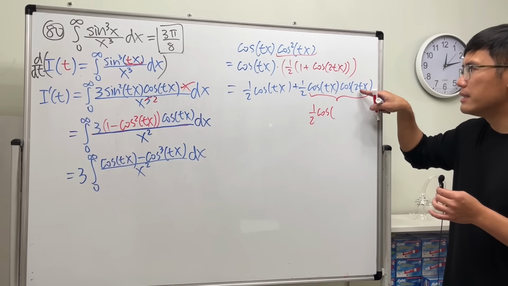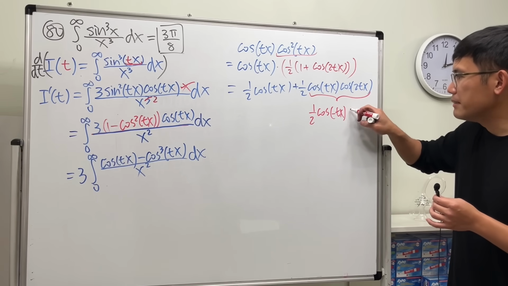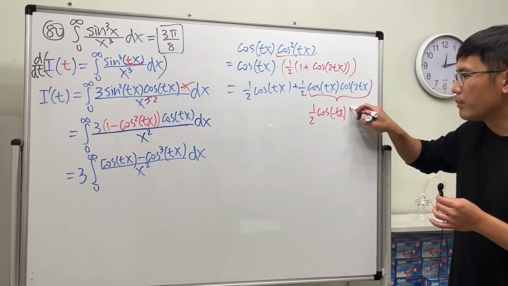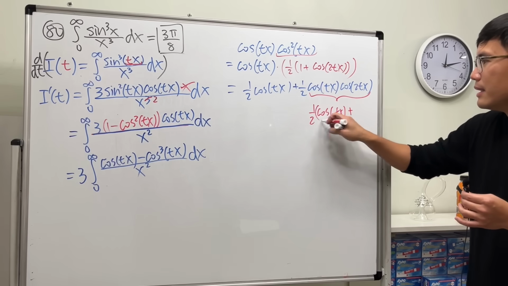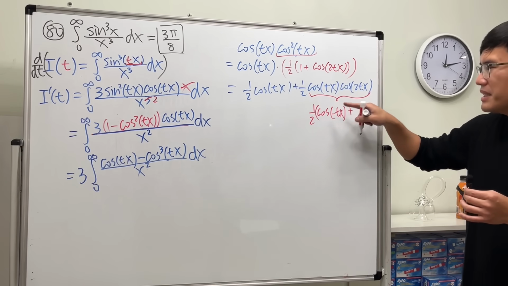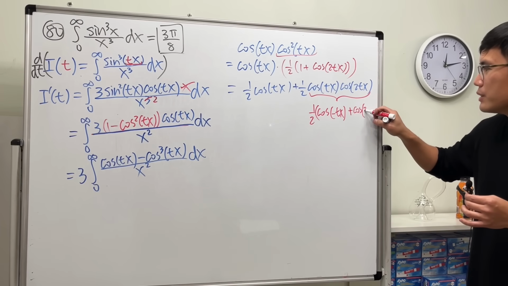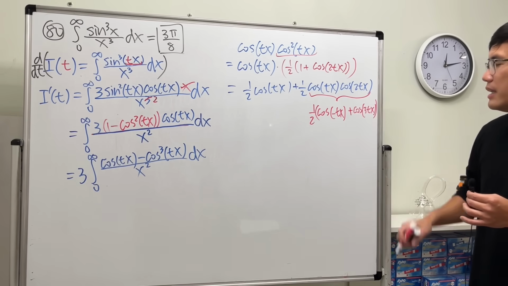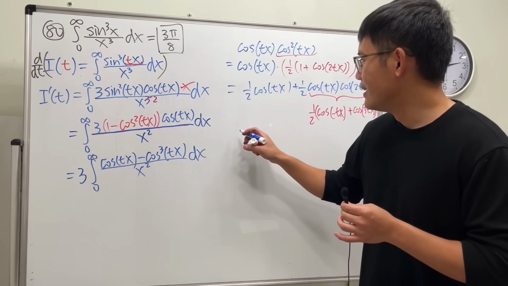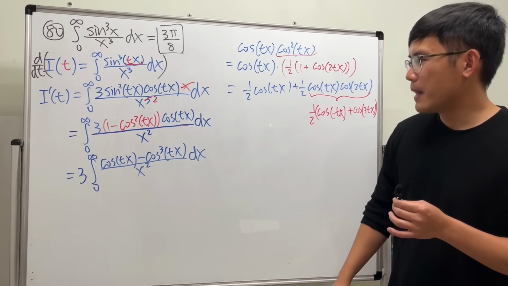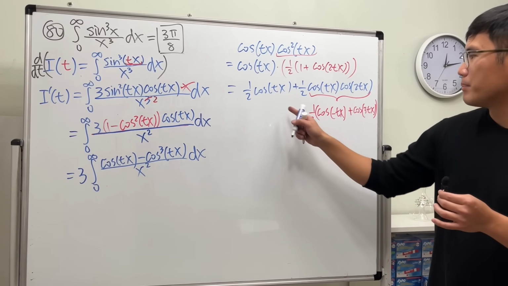And now the product of these two things is equal to 1/2 cosine of first minus second, so tx minus 2tx is negative tx, plus the second part, cosine of this thing plus that thing, which is 3tx. So let me combine this right here first.